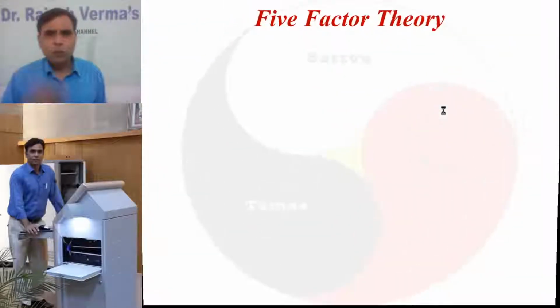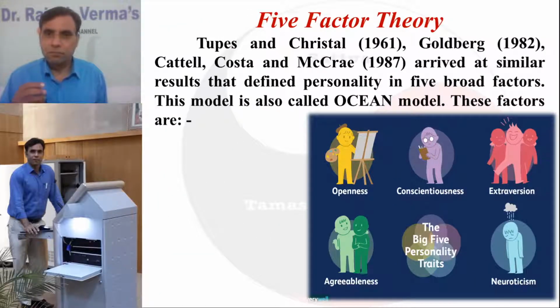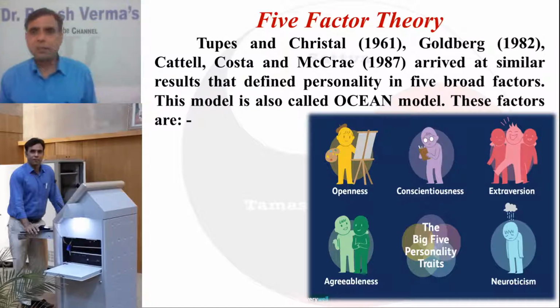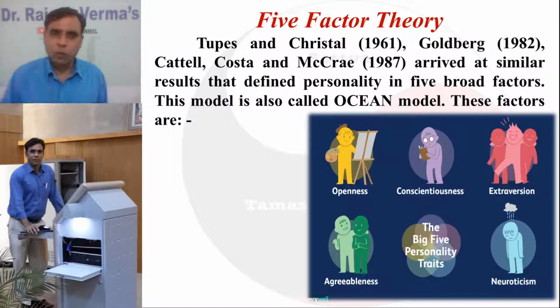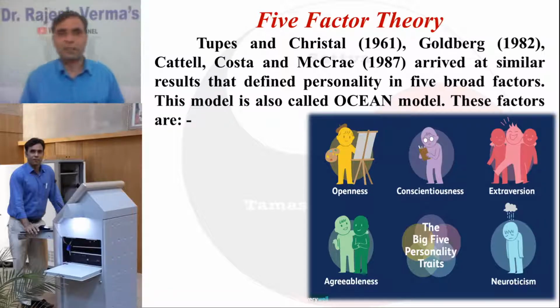So let us go to the five-factor theory of personality. They say, see, Tupes and Christal, 1961, Goldberg, 1982, Cattell, Costa, and McCrae, 1987. These people worked differently in different situations, some on their own, some jointly. They arrived at similar results that define personality in five broad factors.